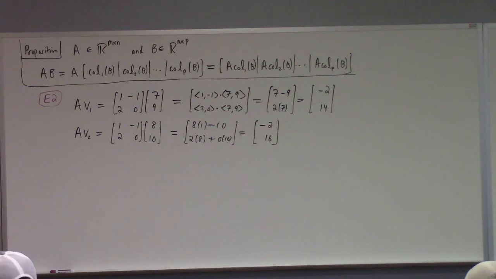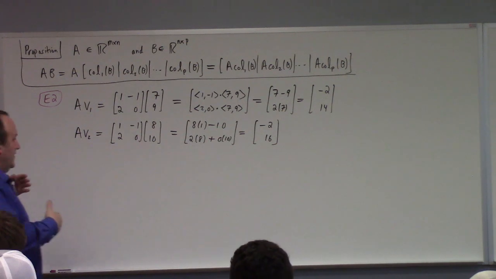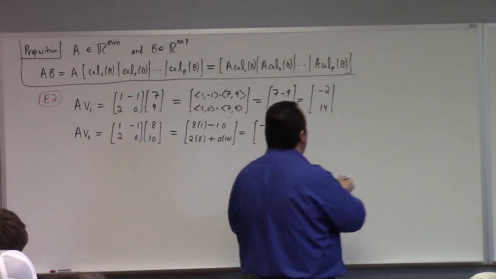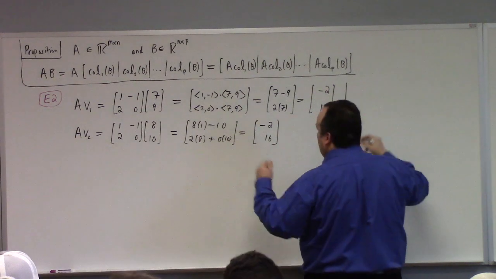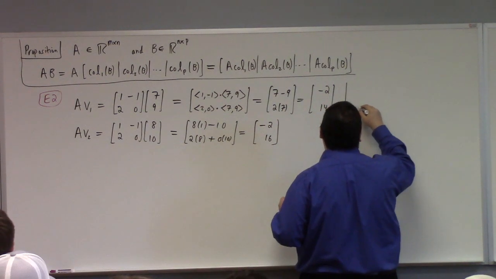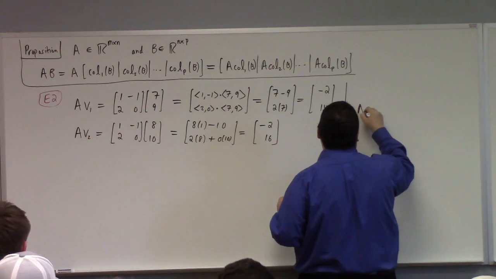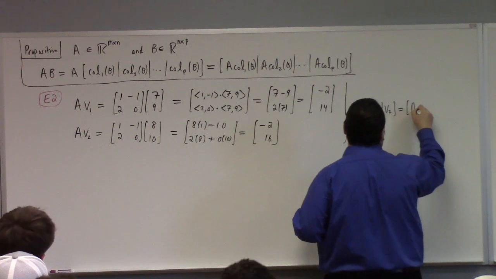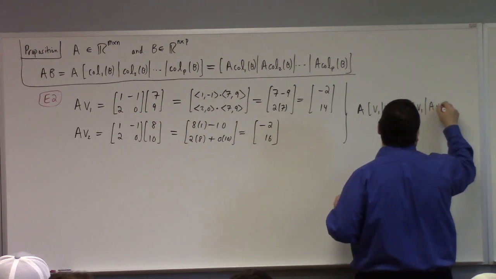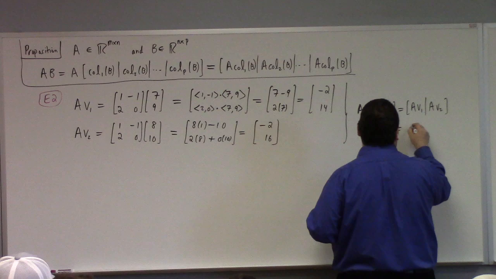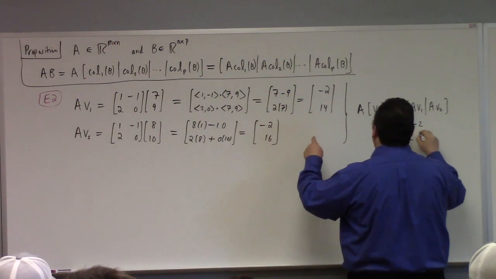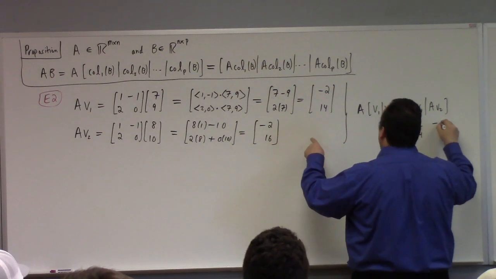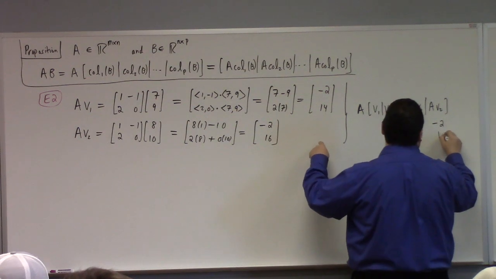So what I'm trying to say is that this proposition allows us to take a matrix multiplication and look at it as a bunch of matrix column multiplications. Because we put these 2 things together with the proposition, and we have A times the matrix [V1, V2] is AV1, AV2, and indeed that's true because this is -2, 14 and -2, 16.